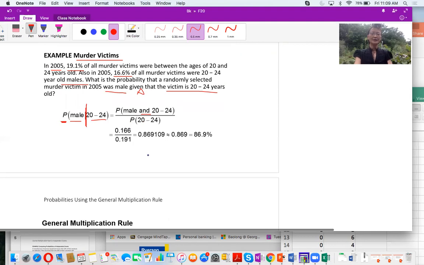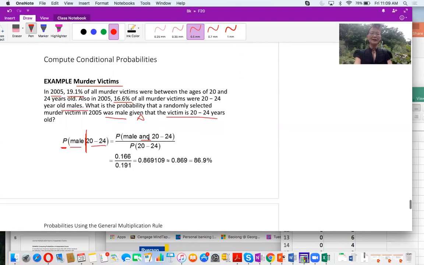And then what is the probability of male and 20 to 24 years old? It is here, see? 16.6% are male and between 20 to 24 years old. And next, what is the probability of being between 20 to 24 years old?